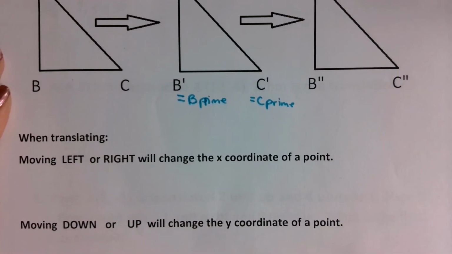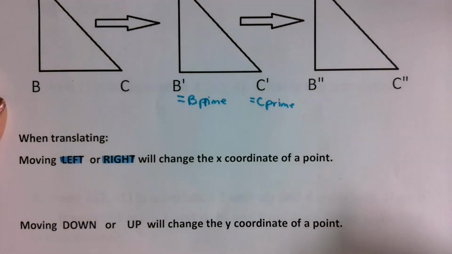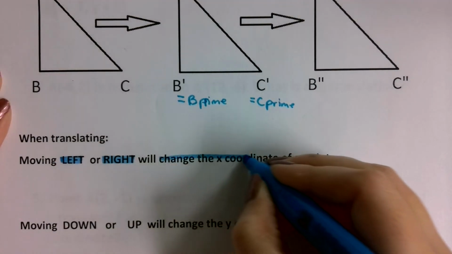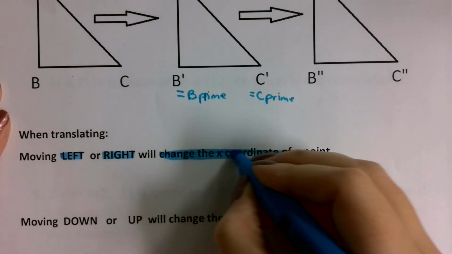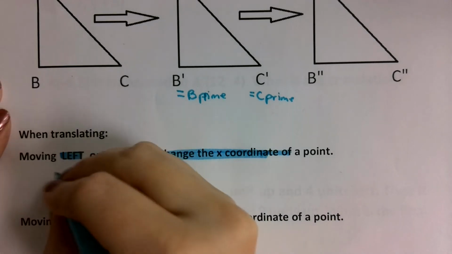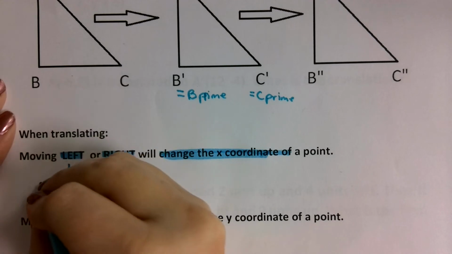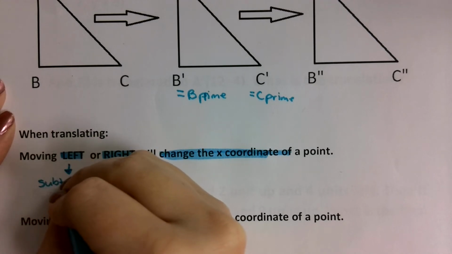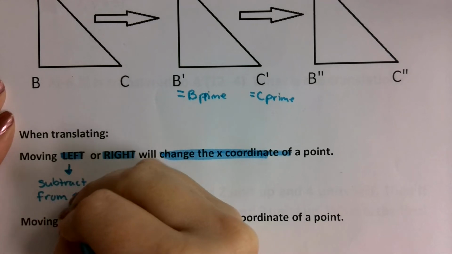When we are translating, what's important to know is that you typically move in specific directions. If you happen to be moving left or right, then that's going to have an effect on the x-coordinate. When we move to the left, that means that we are going to subtract from our x value.